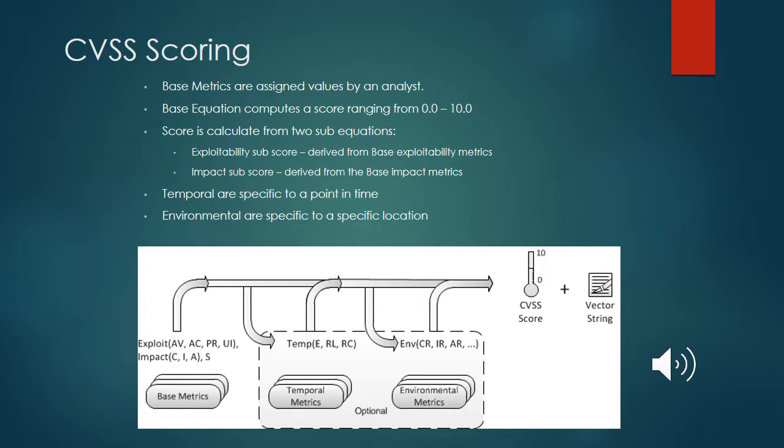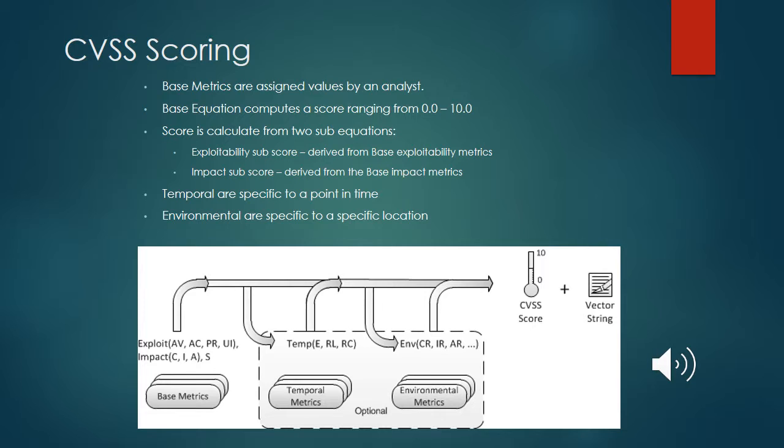The Common Vulnerability Scoring System uses metrics, and these metrics are typically assigned by an analyst that likely was part of the team that discovered the vulnerability.